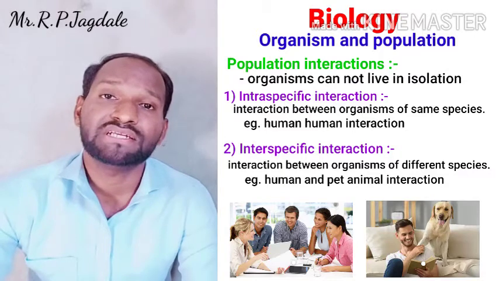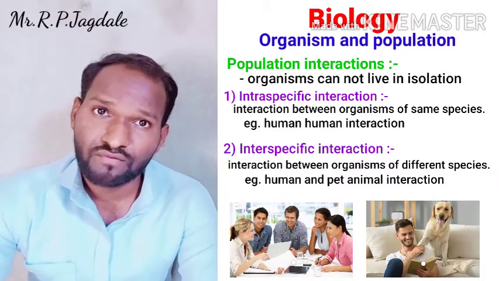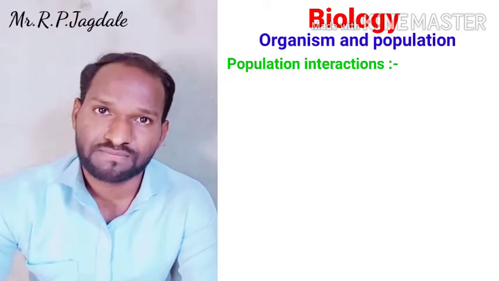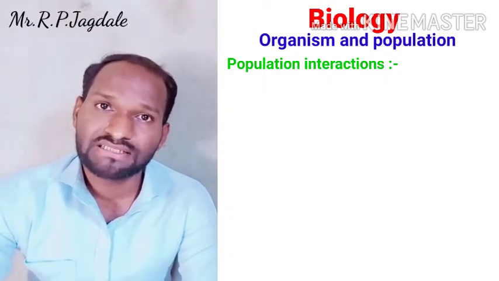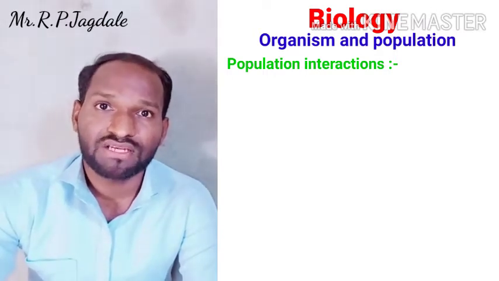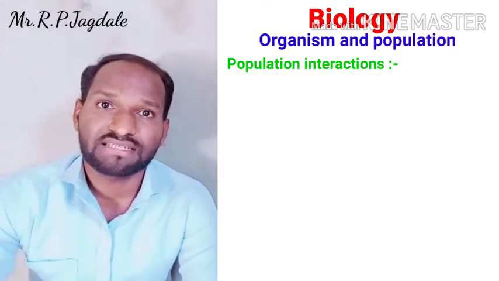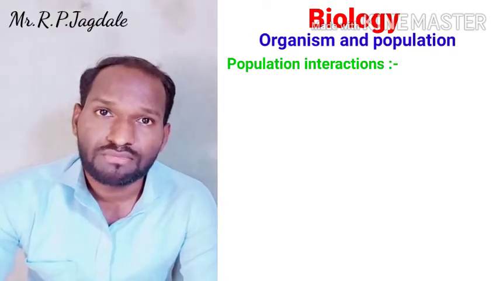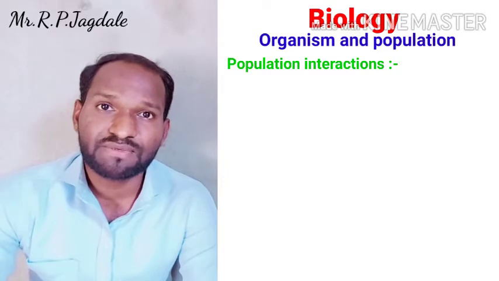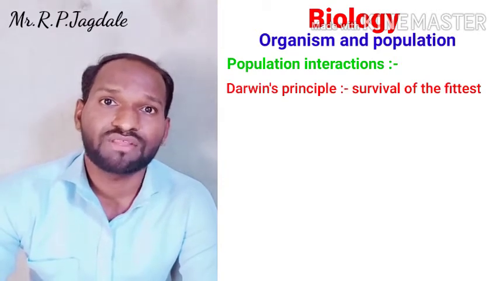When we are talking about interactions, there are two major principles given by two scientists. One is Gauss's principle and the second one is Darwin's principle. Darwin's principle is survival of the fittest.